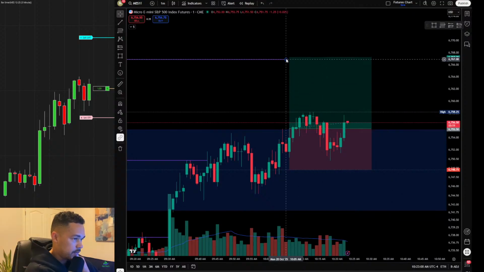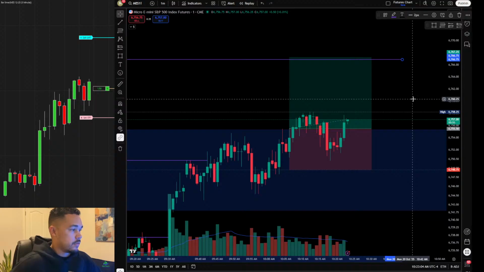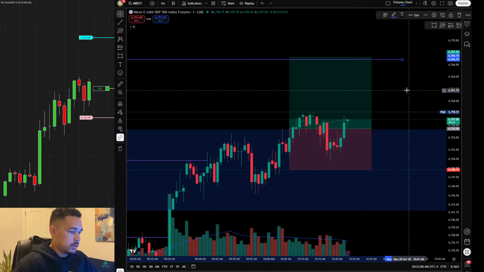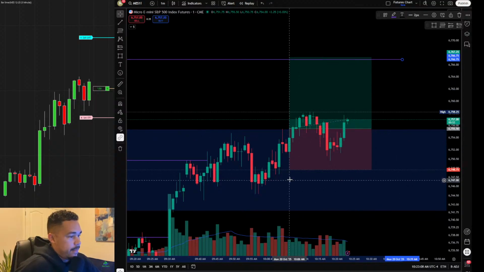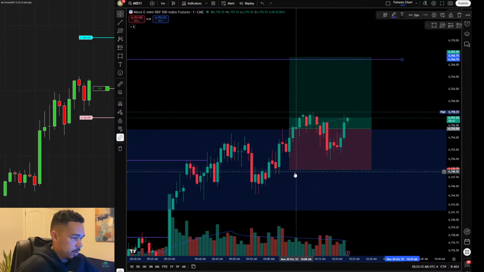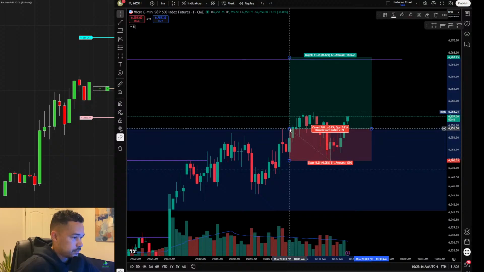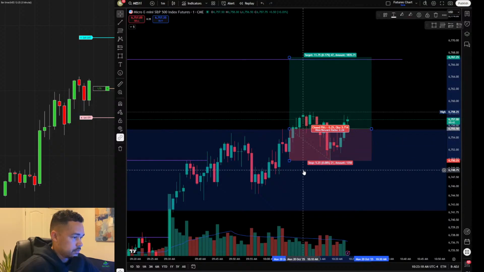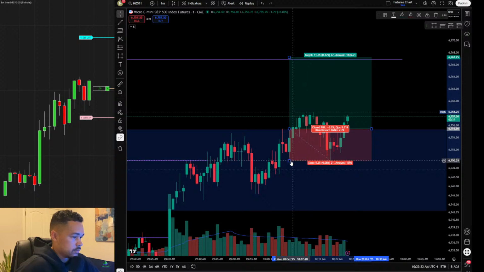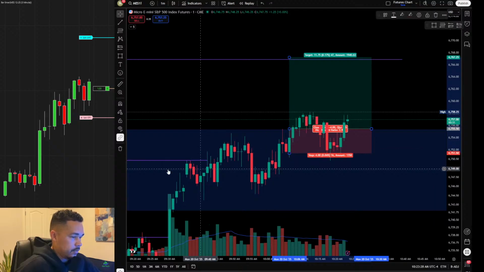See if we can take out this high at 67.66. If we take out this high right here at 67.58, then I'm going to move my stop, probably to 67.51.